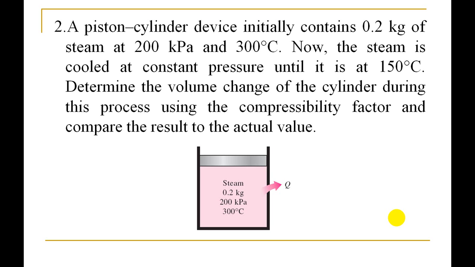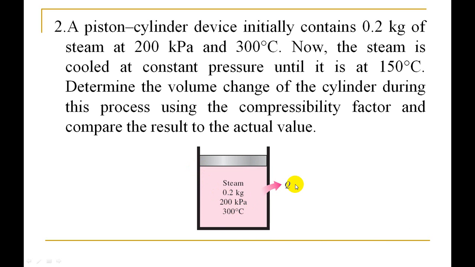Determine the volume change of the cylinder during this process using the compressibility factor, and compare the result to the actual value, which means it's water, so we can use the table, and the table value is the actual value. So using 2 methods we try to determine the change in volume, because at the initial state we have steam in this piston cylinder device.